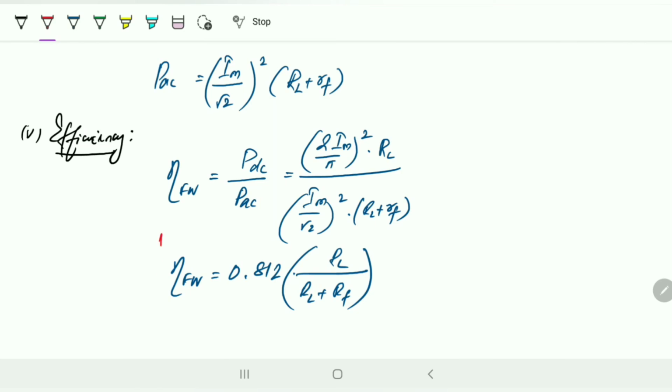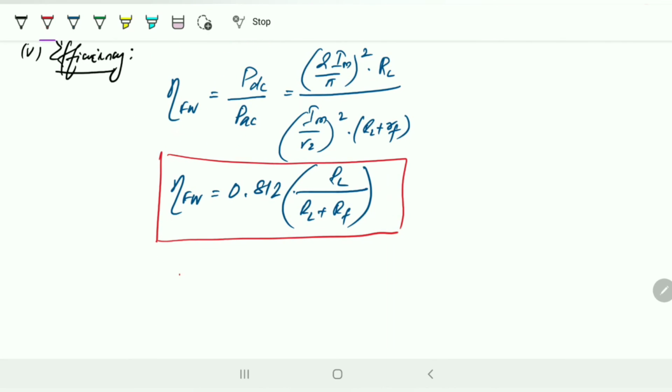From this you can easily say that for the full wave rectifier, whatever the value of RL or RF, the maximum efficiency is around 81.2%.